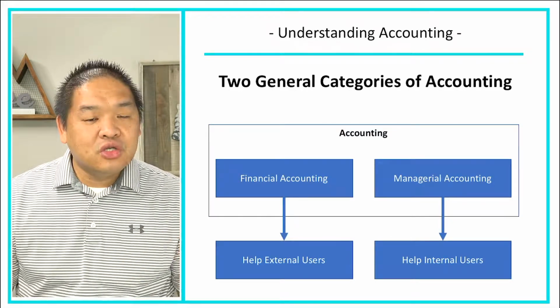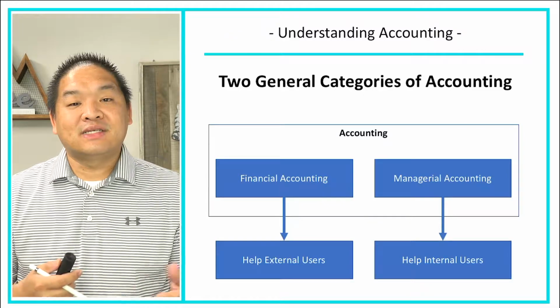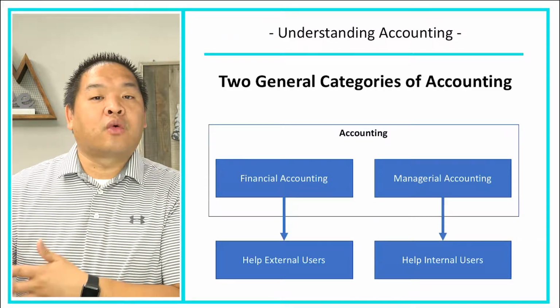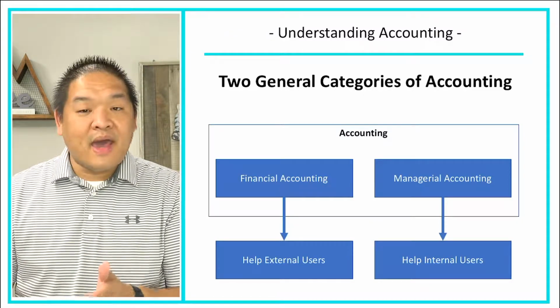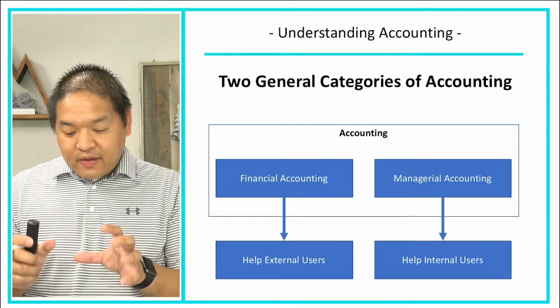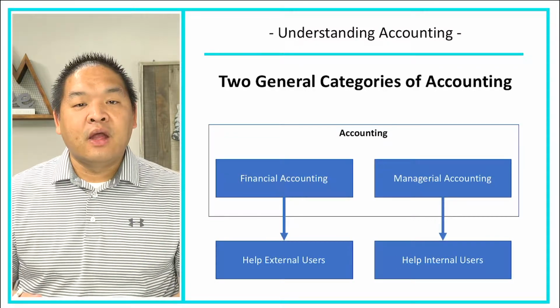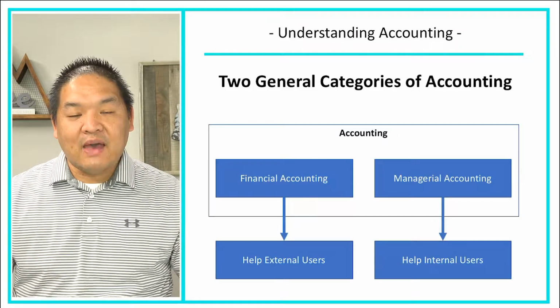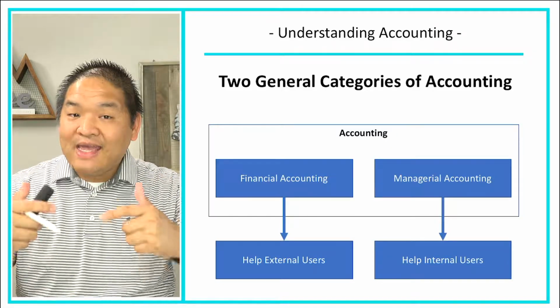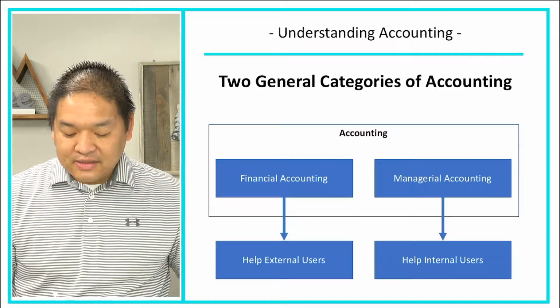What do they need to do in order to make the organization successful overall? So that's kind of what managerial accounting does. So notice that we have two different audiences here. They're going to get two different types of reports based on what they need to make better decisions.